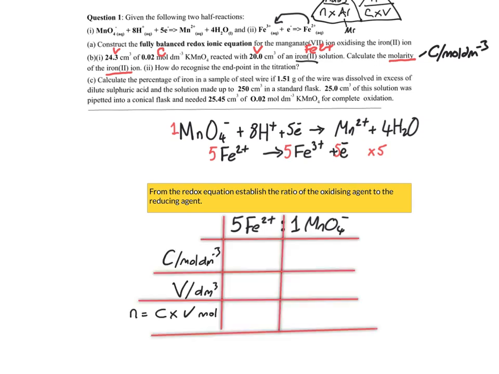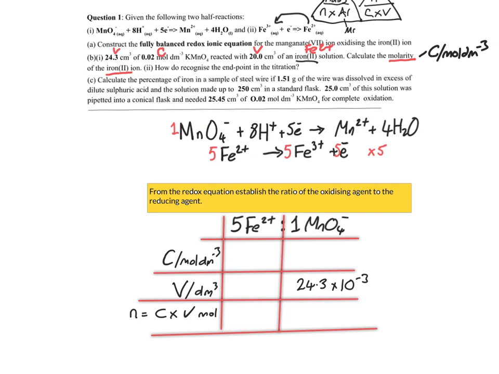So the first thing to do is to take the essentials from the written information above and put it into a table. We are told that the volume of the manganate is 24.3 centimetres cubed, and we convert that to decimetres cubed by multiplying by 10 to the minus 3.